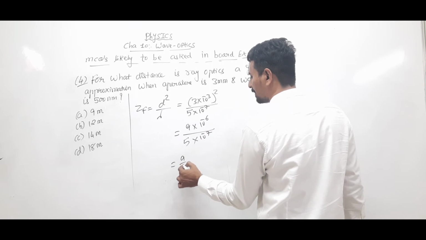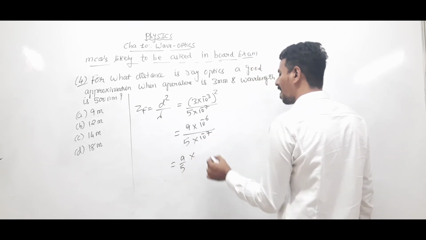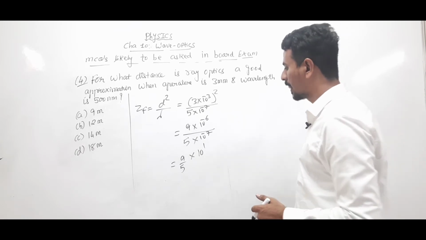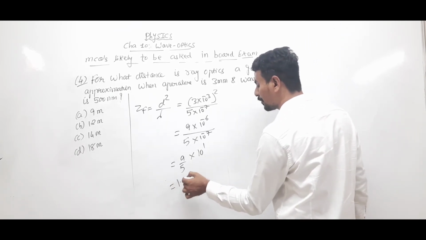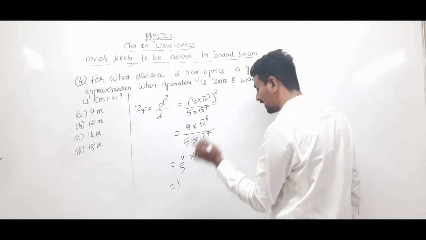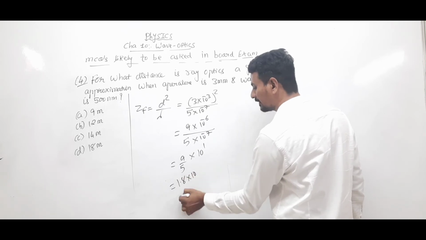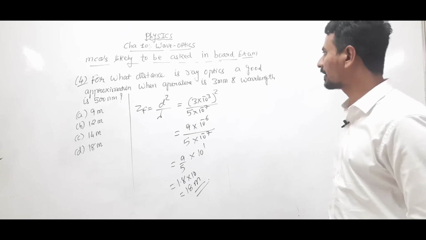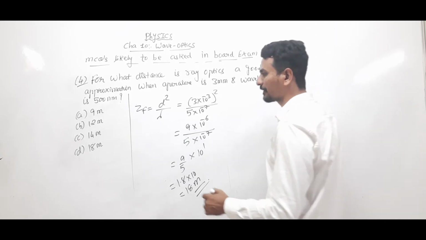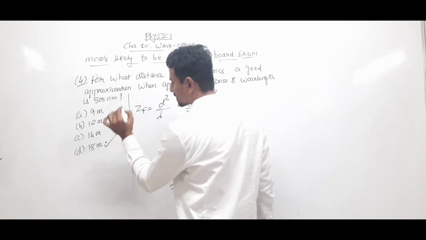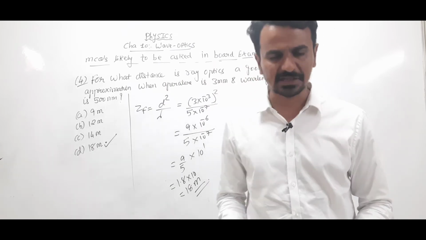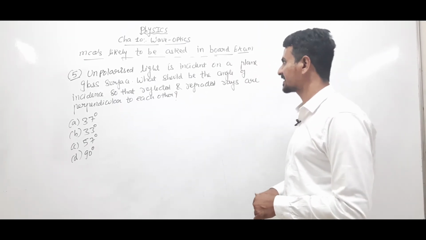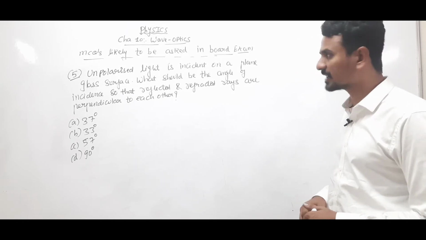So this will be 9 by 5 into 10 raised to 1, that is 10. 9 by 5 means 1.8 into 10, so that is 18 meter. This is the distance up to which ray optics is a good approximation. So D is your correct option. Clear? The next one.